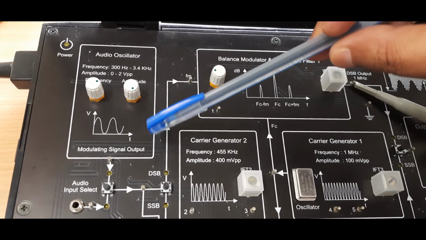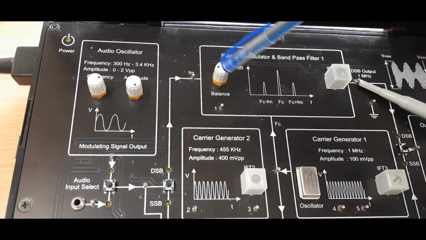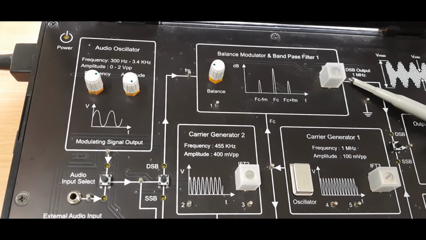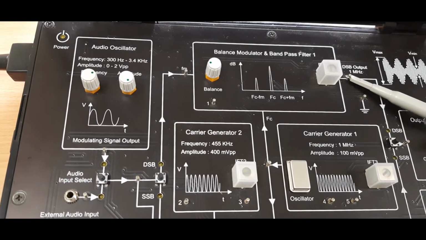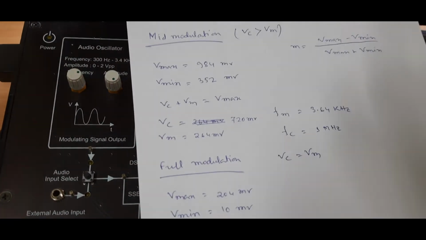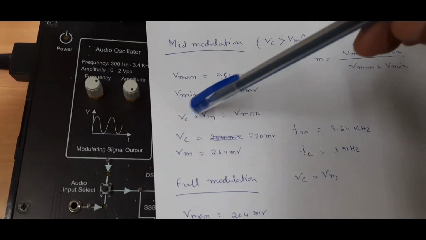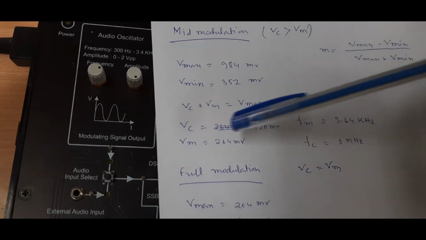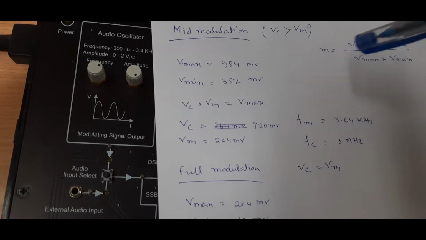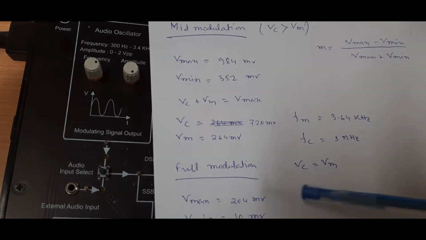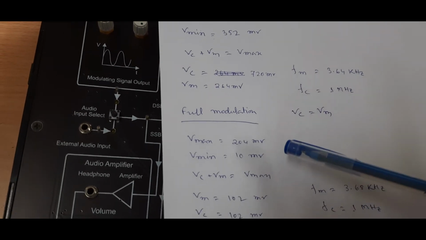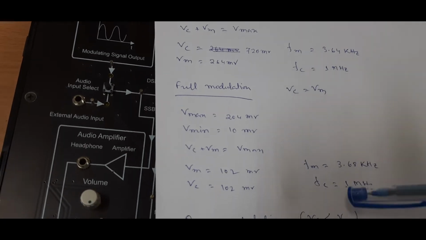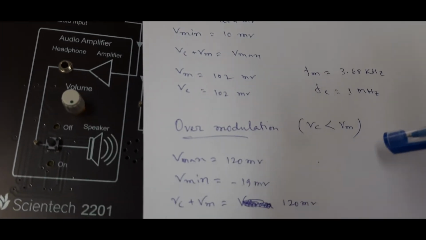Now we calculate Vm from here. Whatever condition we set here, from the output of the balance modulator signal we get on the DSO, we measure Vc and Vm. Similarly, Vc plus Vm is Vmax, then we measure Vc and subtract, and we get Vm. In a similar way we measure the data for full modulation, Vmax, Vmin, and then Vc, Vm, and then find the data for over modulation.